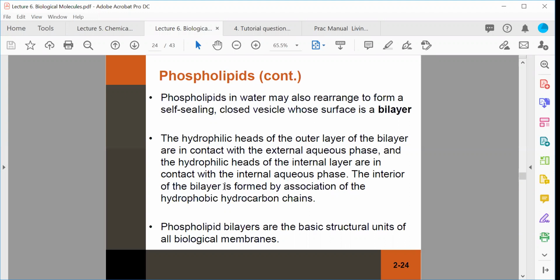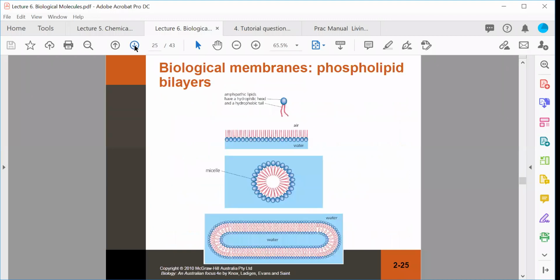The interior of that lipid bilayer is formed by association of those hydrophobic or water-hating hydrocarbon chains. So phospholipid bilayers are the basic structural units of all biological membranes, regardless of whether we're talking about animals or plants or even Saccharomyces cerevisiae.